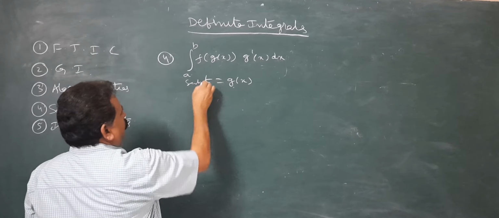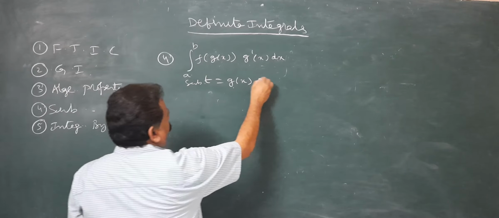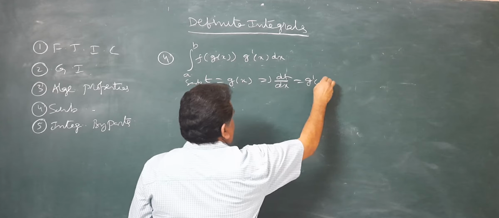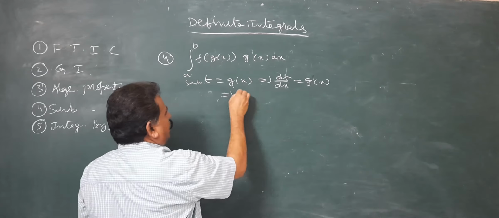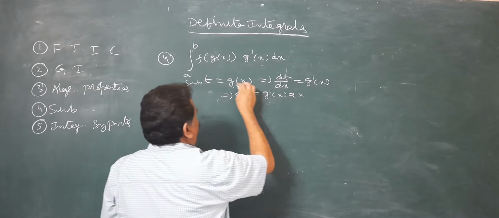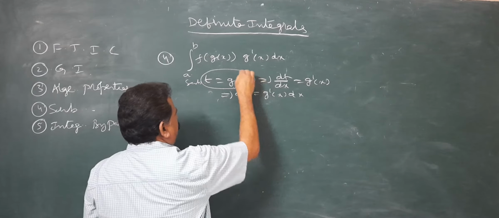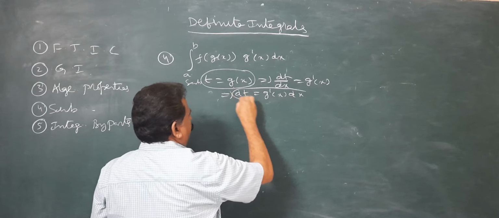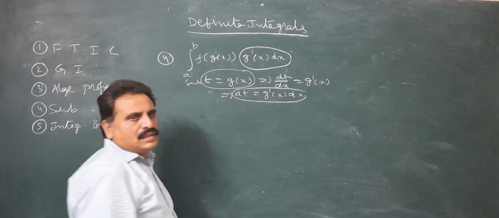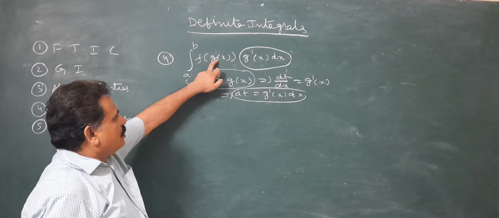Substitute t equal to g of x implies dt by dx equal to g dash x, which implies dt equal to g dash x dx. Here t equal to g of x and g dash x into dx, that is dt. g of x is t.